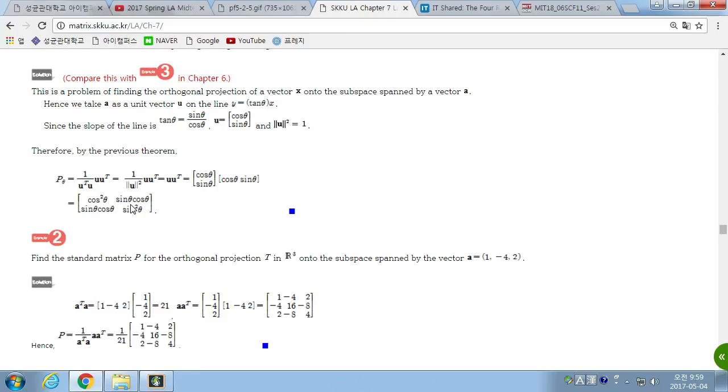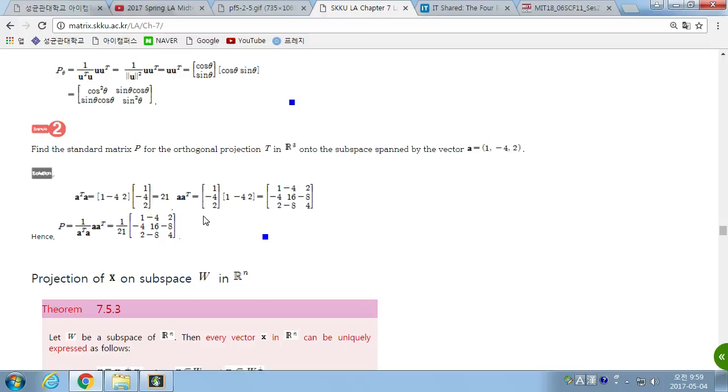This is exactly the same as what you found by observing T of E1 and T of E2. Isn't it? So this is much easier now. Without the geometric explanation, we can find the same result by the algebraic matrix method like this.